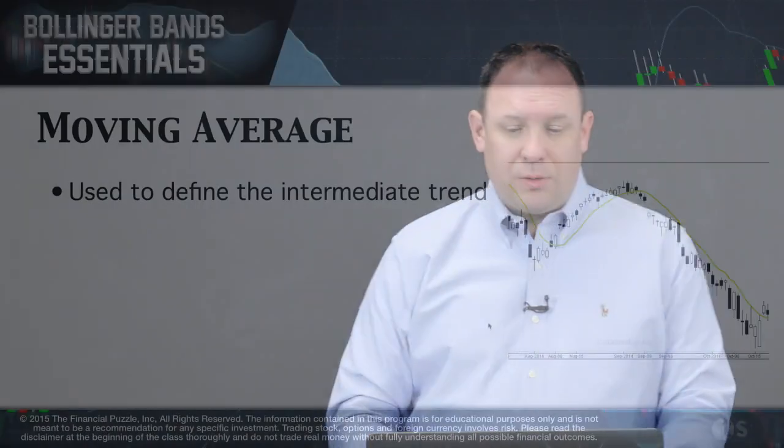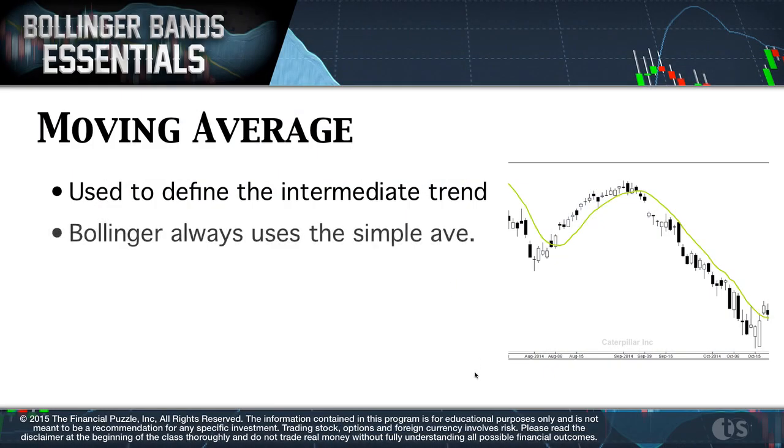He's using the 20 period, and it outlines the intermediate trend. What does that mean? It means it's not flowing with the day-to-day minor moves of the stock, but rather smoothing that out and defining where the intermediate trend is at that given time.